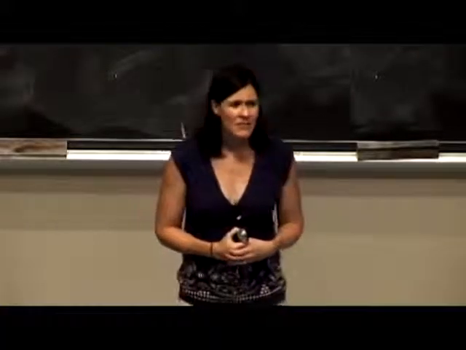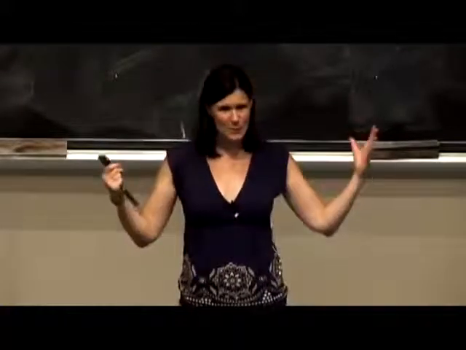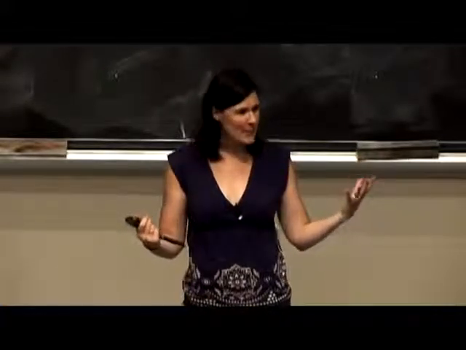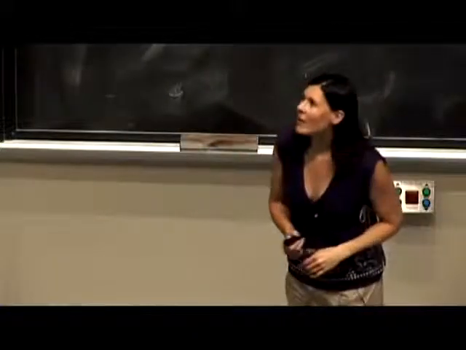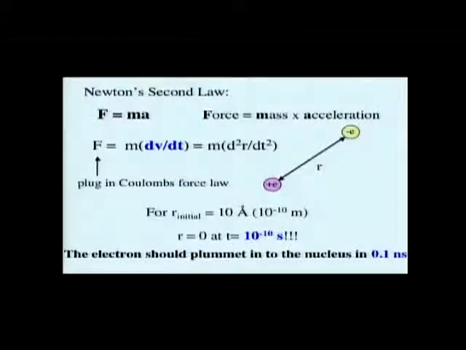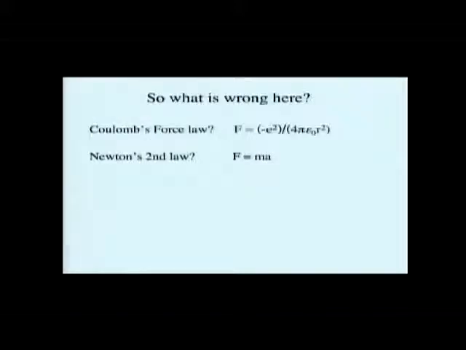And we're observing that, in fact, all of us and all the atoms we can see are not immediately collapsing in less than a nanosecond. So just if you can take what I'm saying for a moment right now, that in fact this should collapse in this very small time frame, we have to see that there's a problem with one of these two things, either the Coulomb force law or Newtonian mechanics. So what do you guys think is probably the issue here?